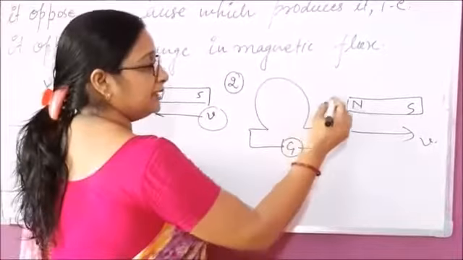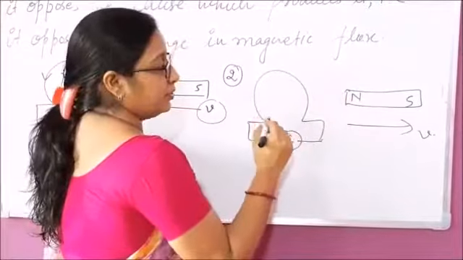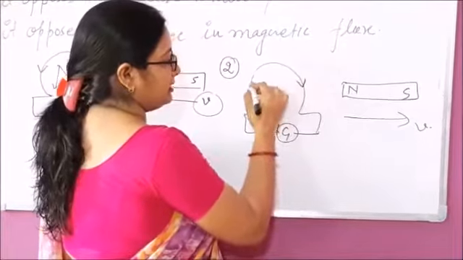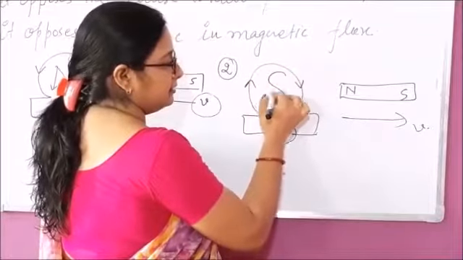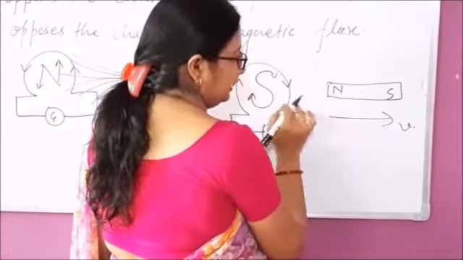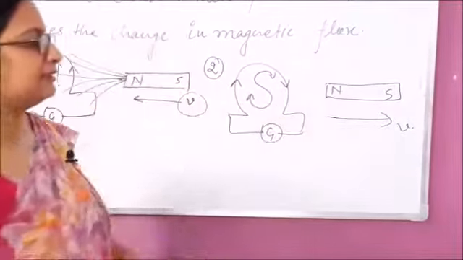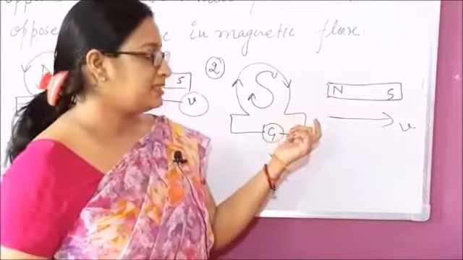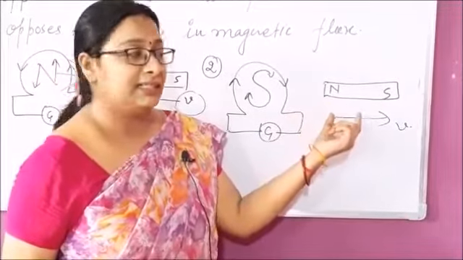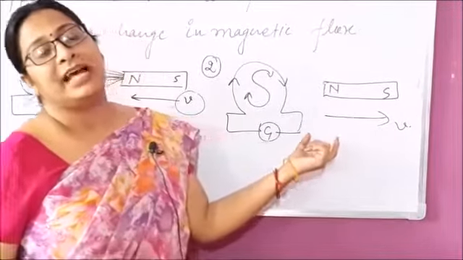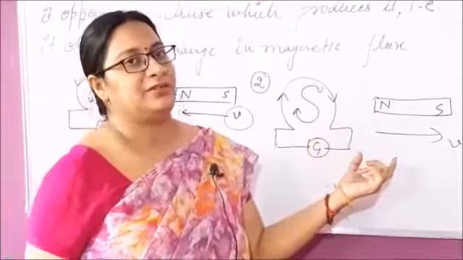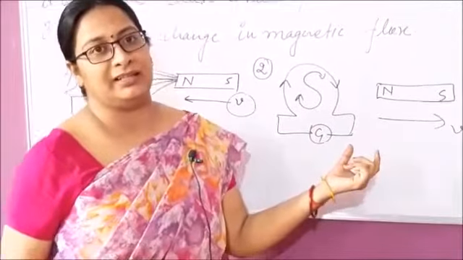So the main cause is decrease in flux. So the direction of induced current in this coil will be clockwise and the polarity will be south. So this south pole of the coil is attracting the north pole of the magnet, means it opposes the decrease in flux. In that case also we have to do some work against this attractive force, and this expenditure of energy will convert into electrical energy.